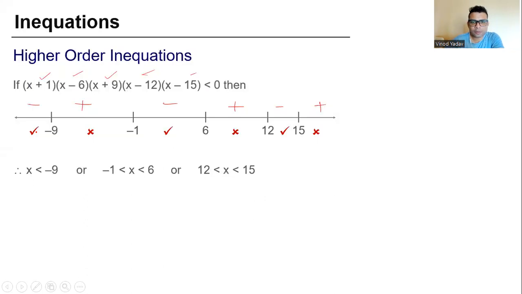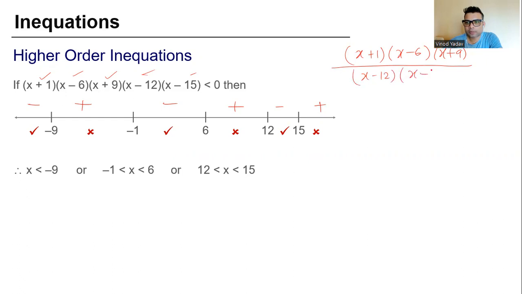Okay. Now, what if suppose it was like this: (x plus 1) into (x minus 6) into (x plus 9) over (x minus 12) into (x minus 15), less than 0 or more than 0, whatever. Suppose I'm taking equal to also. Okay.